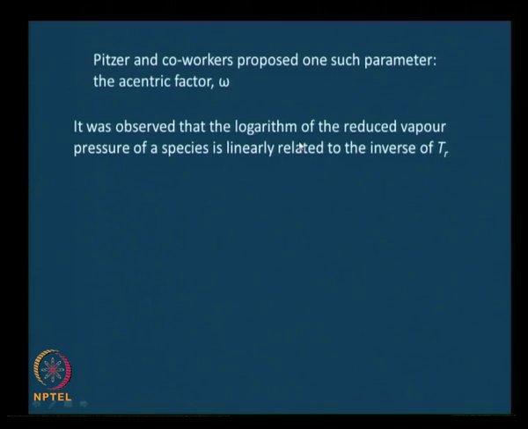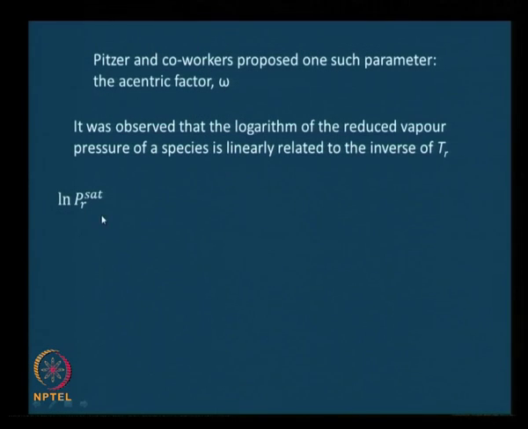What they found was experimentally found by analyzing a large amount of data. They observed that the logarithm of the reduced vapor pressure of a pure substance is linearly related to the inverse of the reduced temperature. And this was a powerful kind of information gathered from a large amount of data.